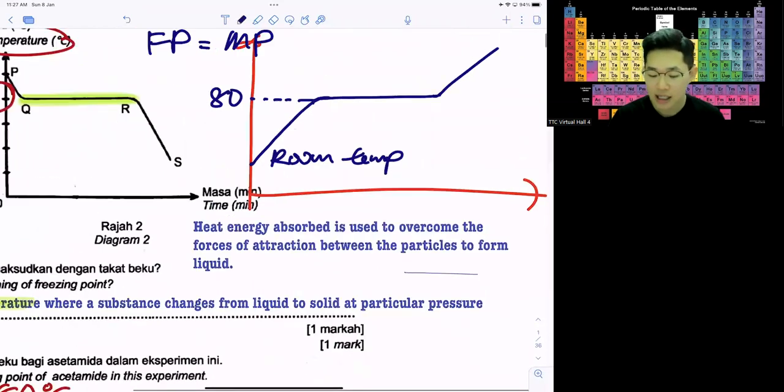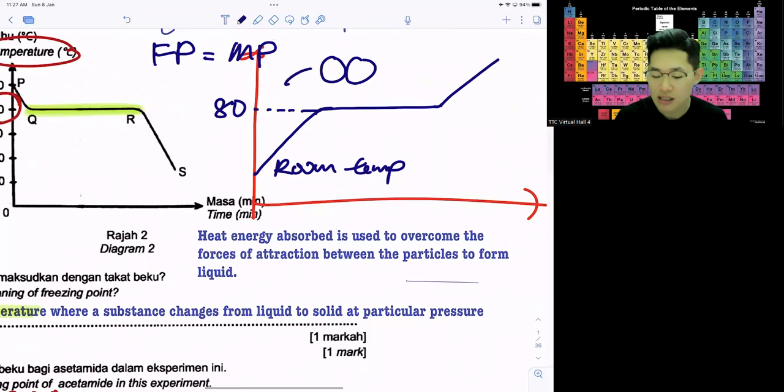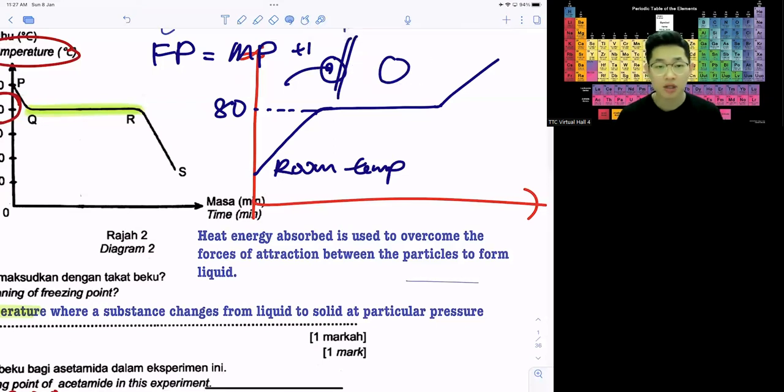So basically, it is the opposite. Particles 吸收热能 and then 它用这个热能来 overcome the force of attraction. So they can separate apart, okay, and becomes liquid.